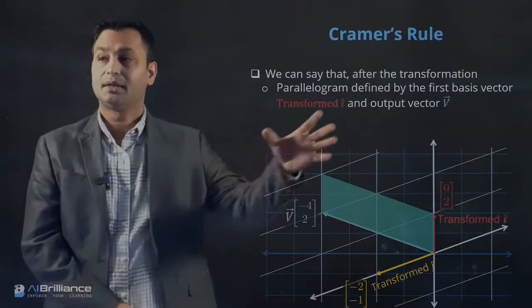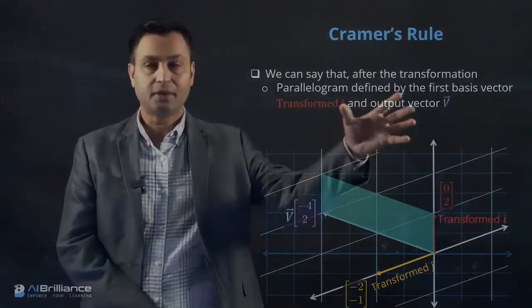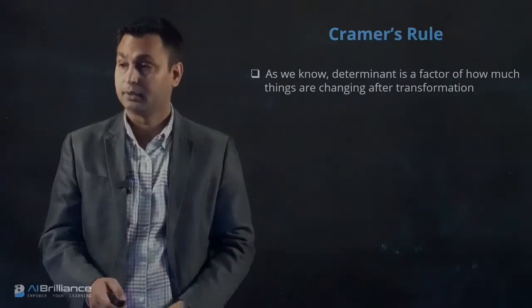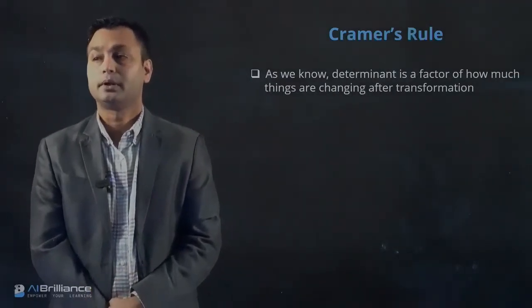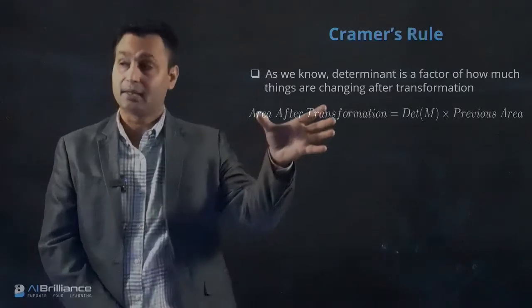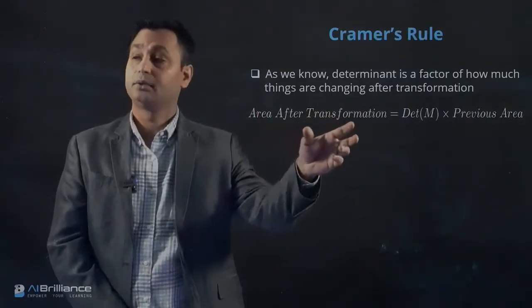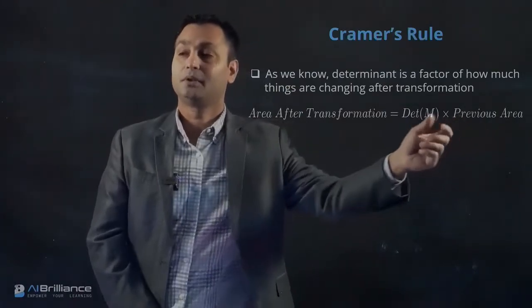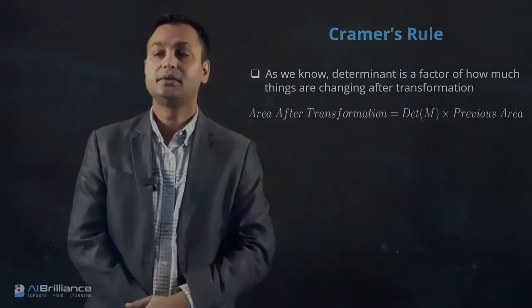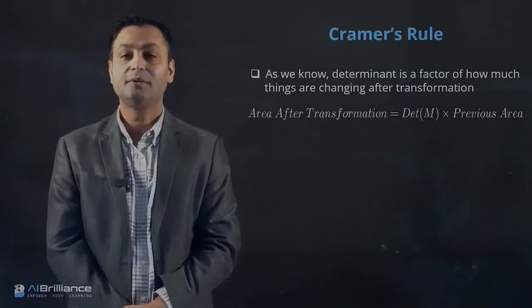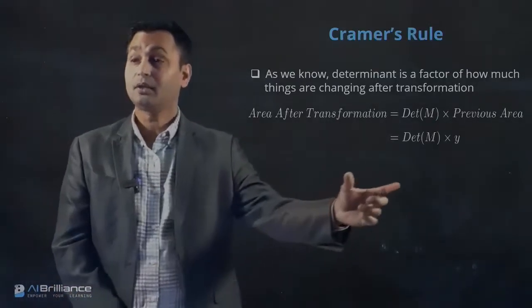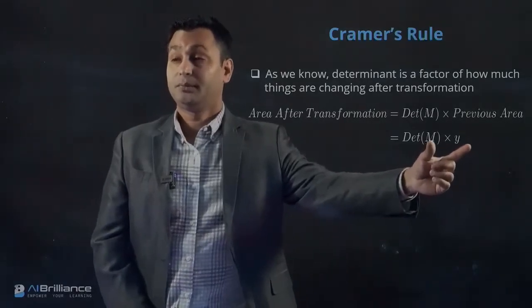So we can say that after transformation, the parallelogram is defined by the transformed vector I and the output vector V. Now we can use this idea that area after transformation is equal to a factor F times the previous area, but that factor is essentially determined by the determinant of the transformation matrix M. What is the previous area?